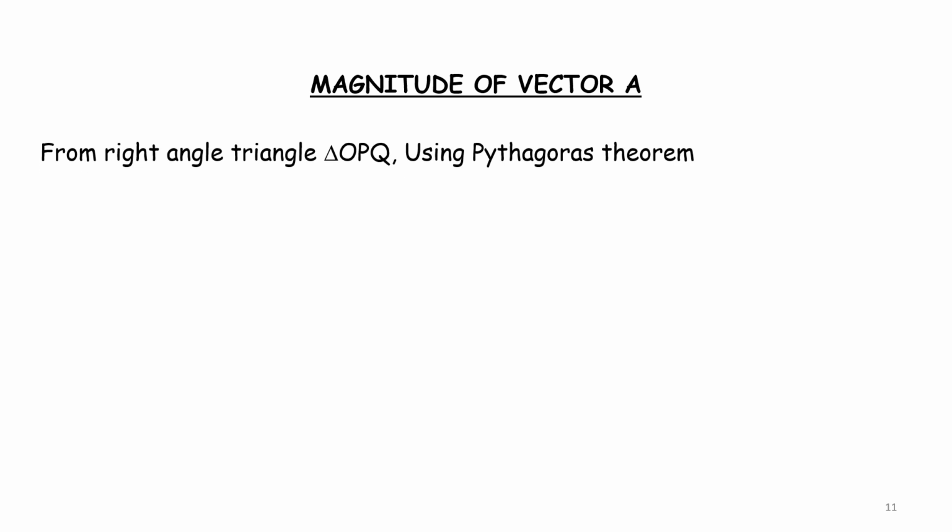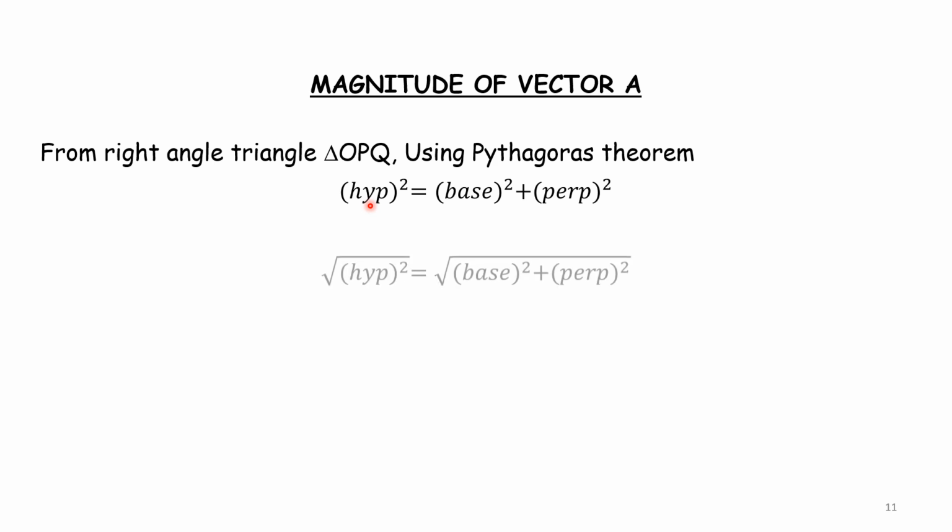Magnitude of vector A. What is the magnitude of vector A? We will consider the same triangle OPQ, and whenever we have a right angle triangle, we can use the Pythagoras theorem. And what is the Pythagoras theorem? Hypotenuse square is equal to base square plus perpendicular square.